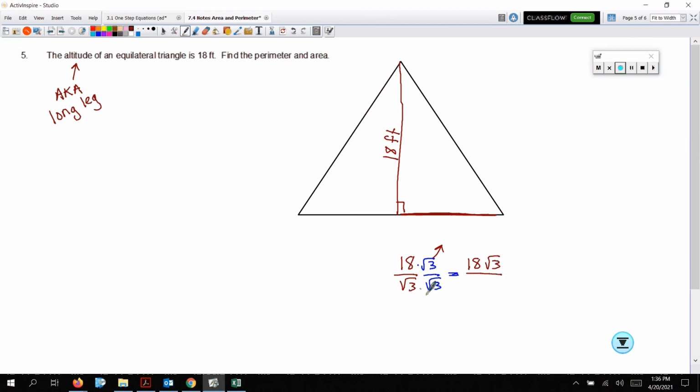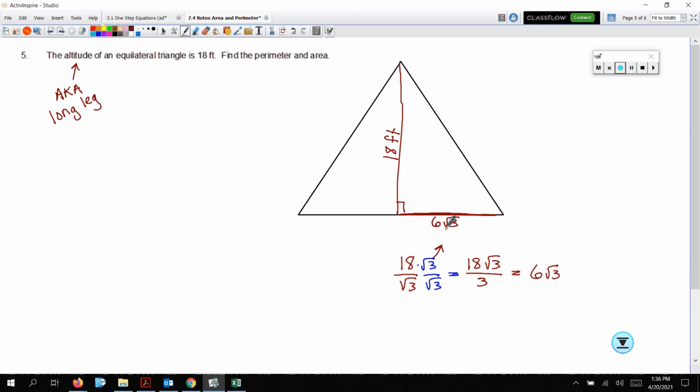The only reason we multiply this is to rationalize the denominator. When you take radical 3 times radical 3, that just frees the radical. It's just 3. Always check to see if you could reduce 18 over 3, and you can. So that's 6 root 3. So this short leg is 6 root 3.